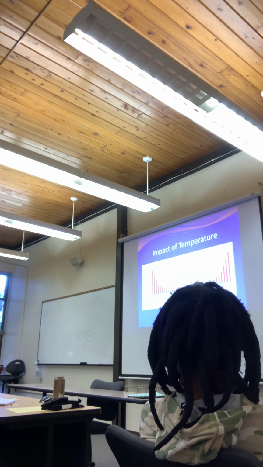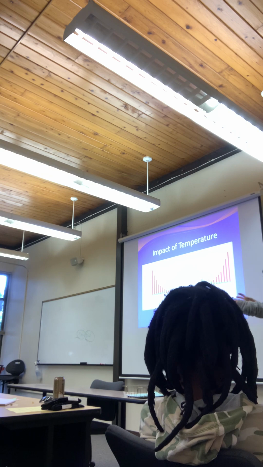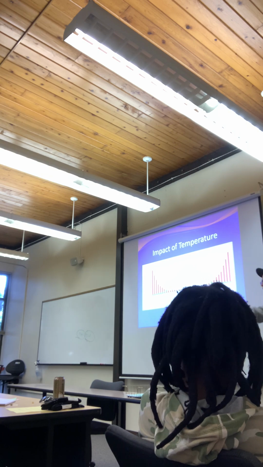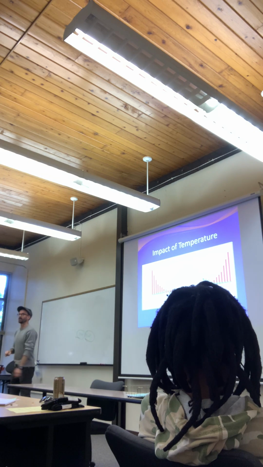So here's just a generic layout. You can see there's some peak temperature, and a gradient. There's too hot for growth, there's too cold, and there's effective growth at some range in between. So knowing what that range is for the thing you're trying to grow is really helpful.